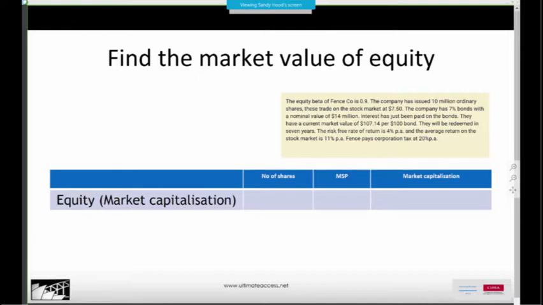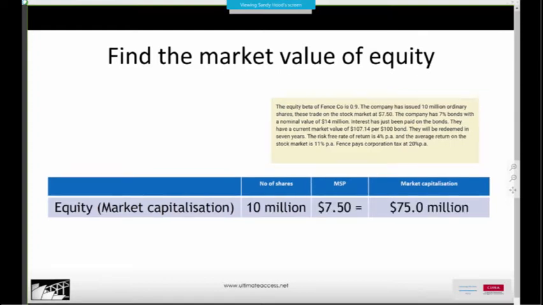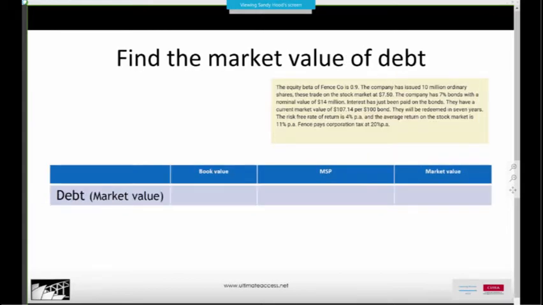Third value, let's find the market value of the equity. We know how many shares they've got. We know how much each share is trading for, so we can work out the market capitalization. 10 million lots of $7.50, 75 million. And we can do something similar with the debt. Each bond has a nominal value of $100.